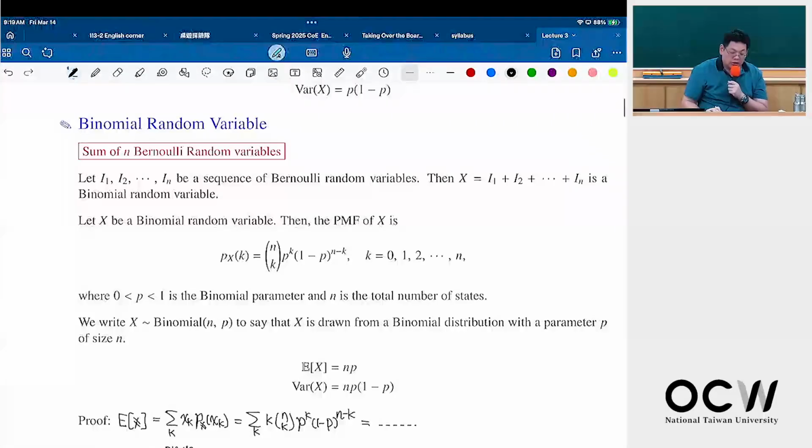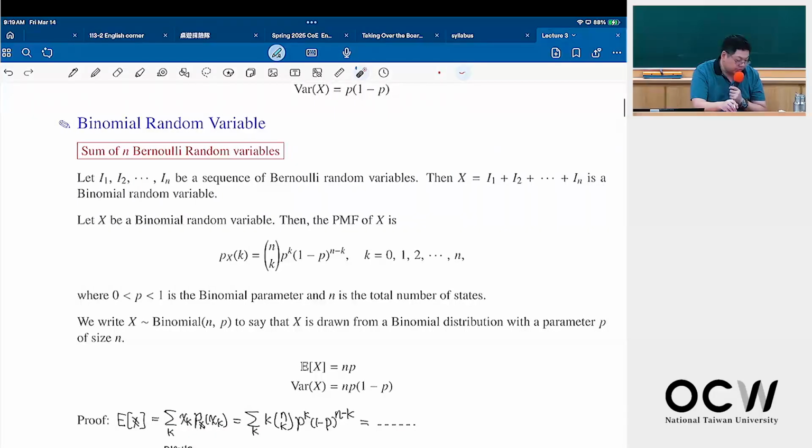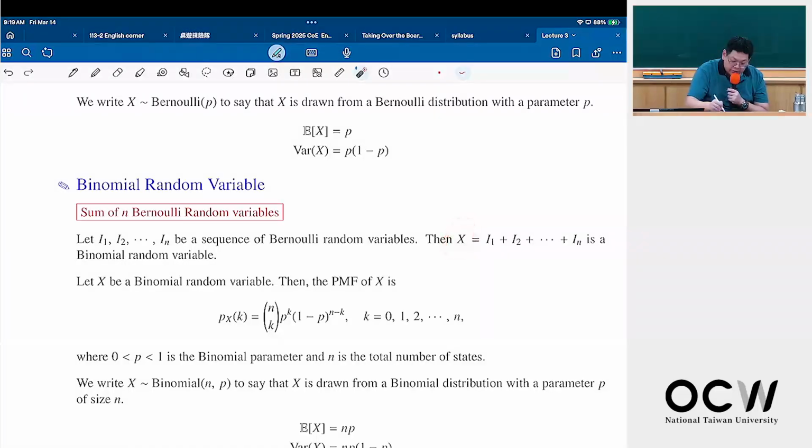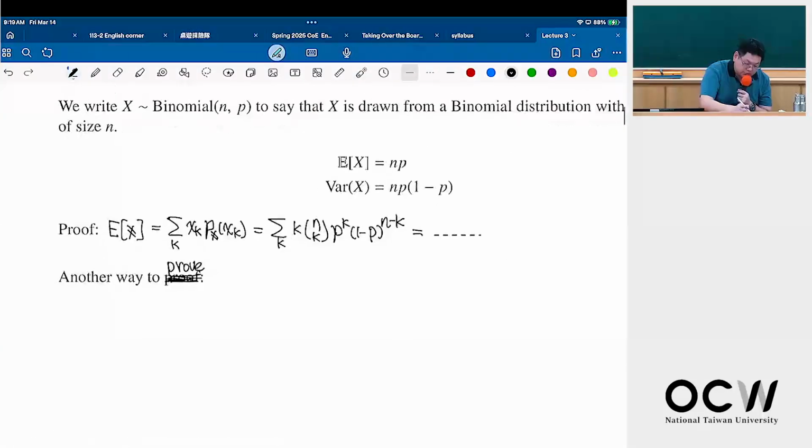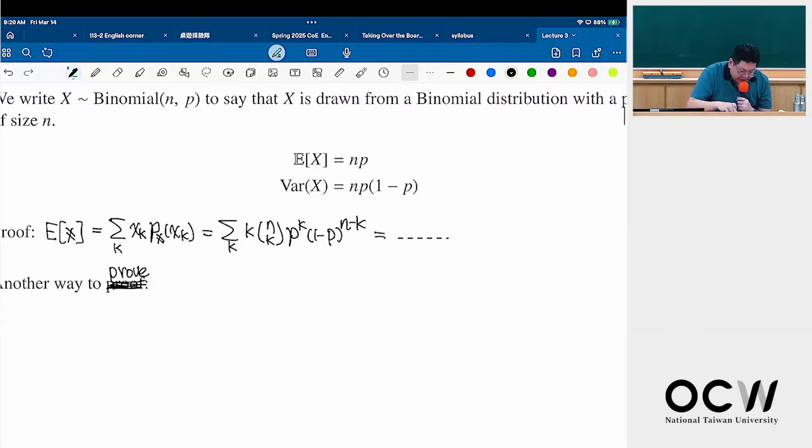Since the binomial random variable is the sum of n Bernoulli random variables, we can think of the random variable X that equals I1 plus I2 till In.